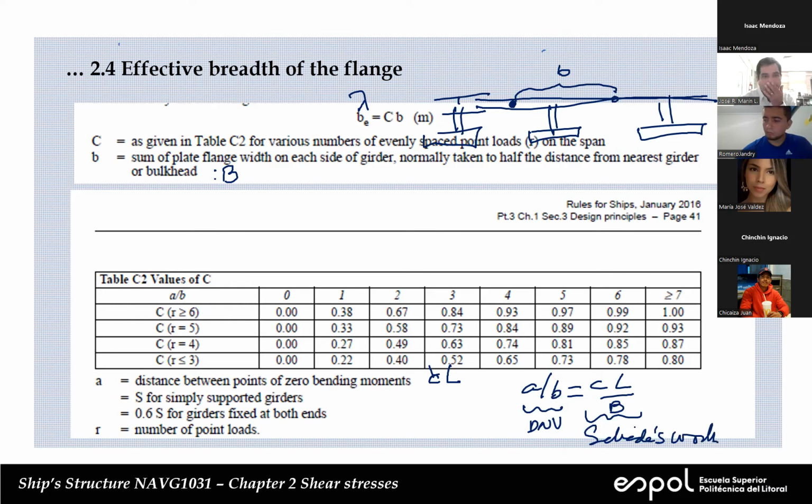And in this case, each one of these lines is for R, a different number of point loads. And that's basically the number of stiffeners that you have. So let's suppose that we have, there is a figure, I couldn't include it because I had too much information. This is the reinforcement I want to analyze.